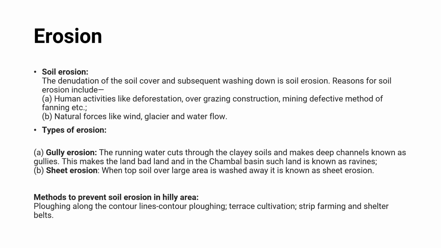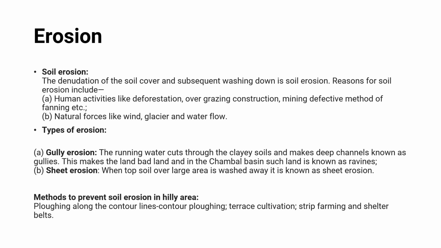What are the types of erosion? First is gully erosion. The running of water cuts through the clayey soils and makes deep channels known as gullies. This makes the land bad land, and in the Chambal basin such land is known as ravines.